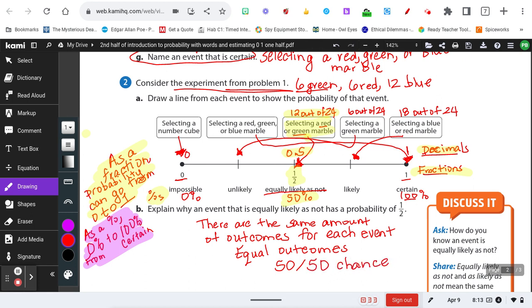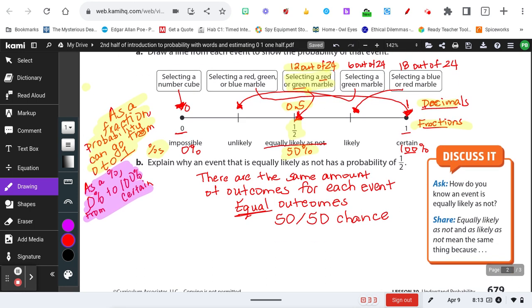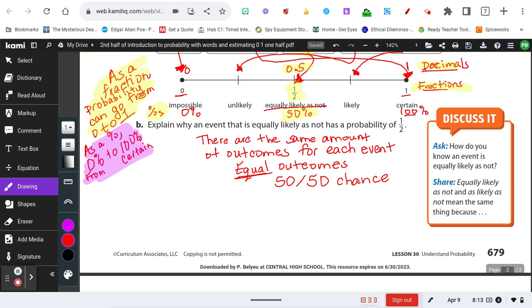Only if the outcomes are equal, then the probability is 1/2. 1/2 means 50%, or 50-50.